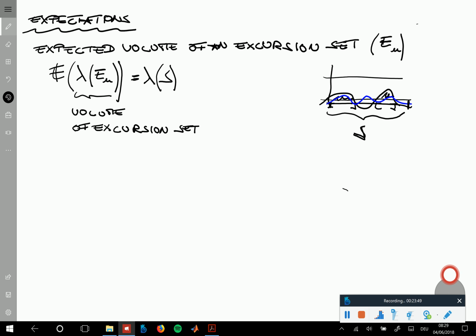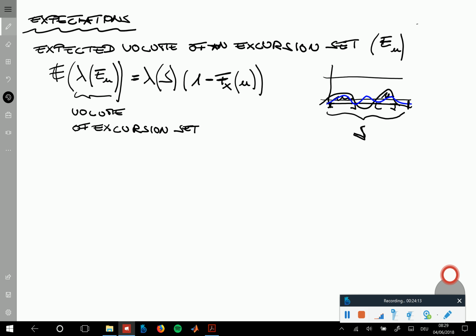In 3D, that's the brain. Times 1 minus the distribution function of the statistic of interest at a level u. So what is this supposed to mean?